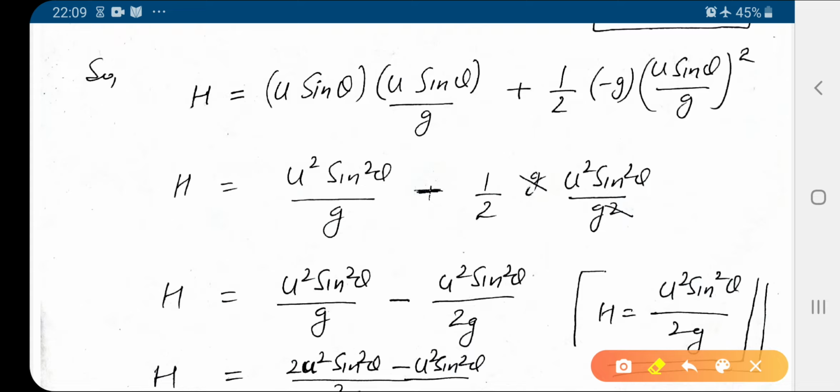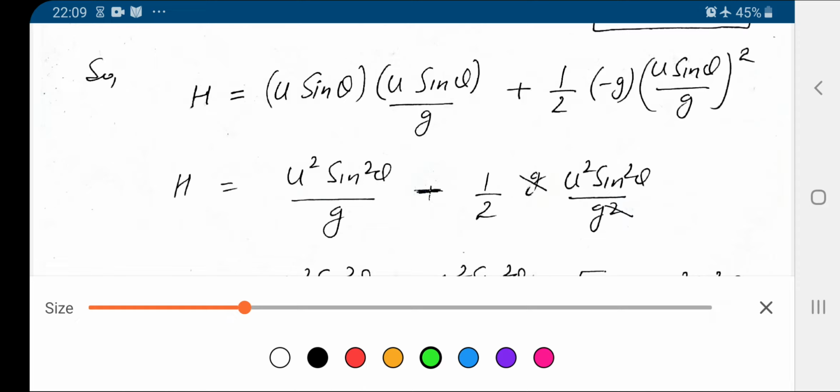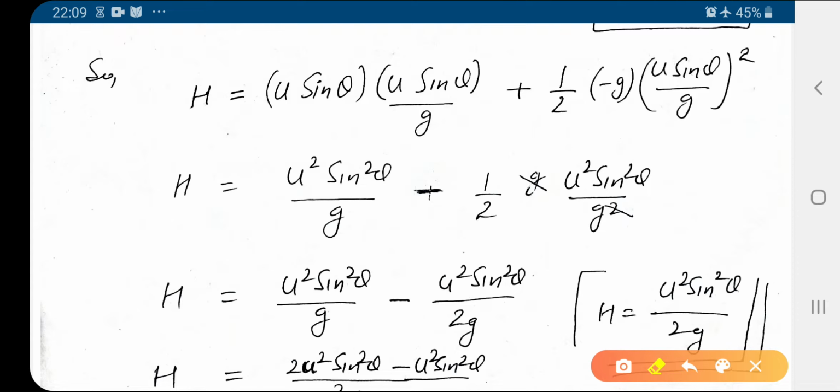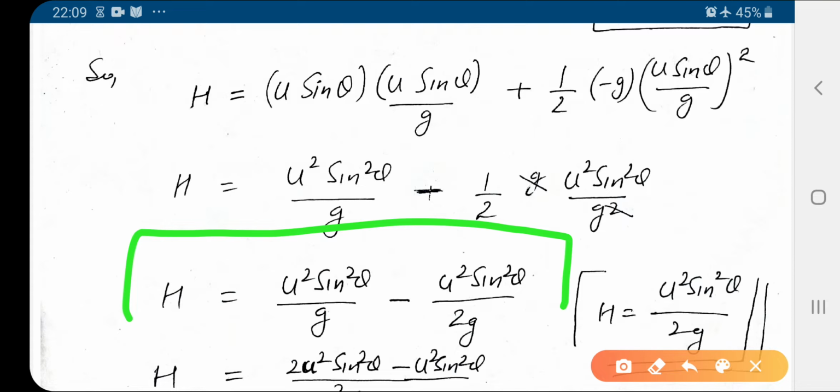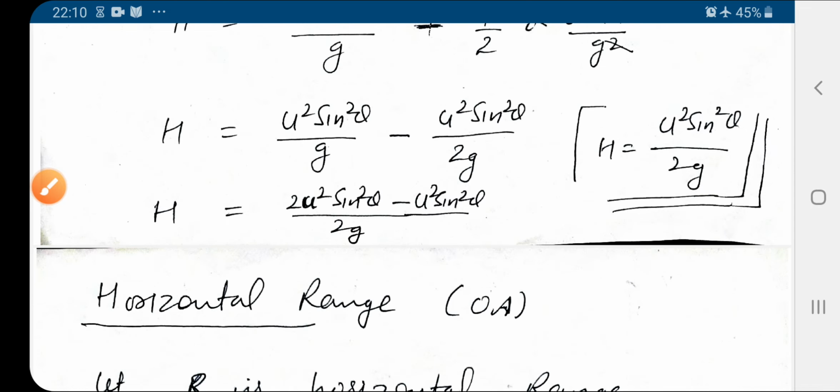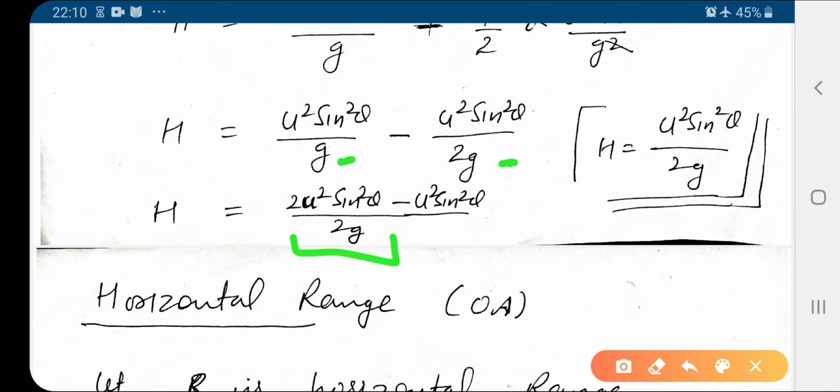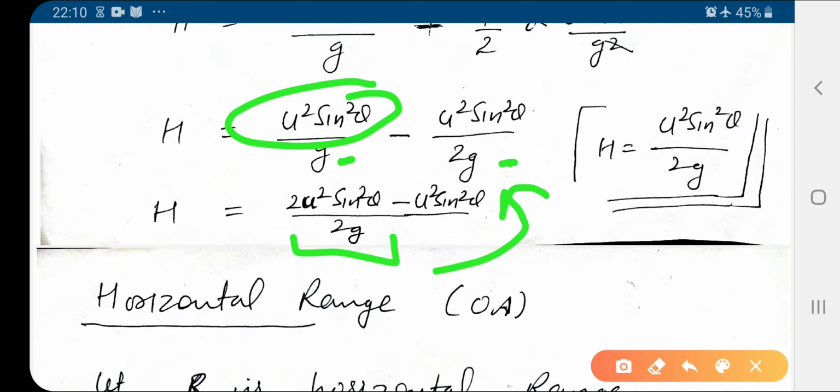Now proceed as, g and 2g give us 2g as the LCM, so divide 2g by g, we get 2 and multiply 2 with this numerator, that gives us 2 u square sin square theta, and then 2g divided by 2g, 1 multiplied above.